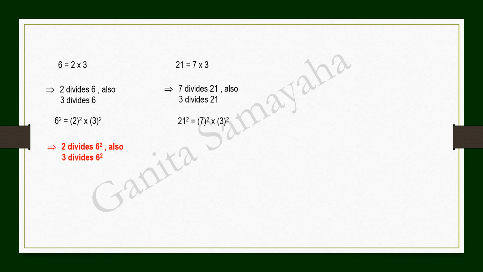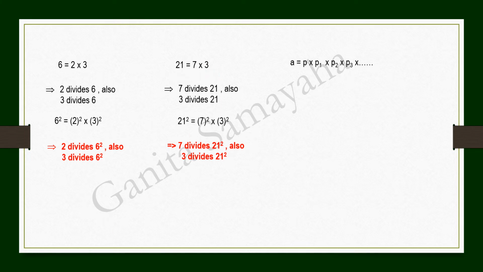What does this mean? This means that 21 squared can be divided by 7 and 3. Isn't it? So 7 divides 21 squared. Also 3 divides 21 squared. I hope this is clear. Okay. So we have just taken a few examples.